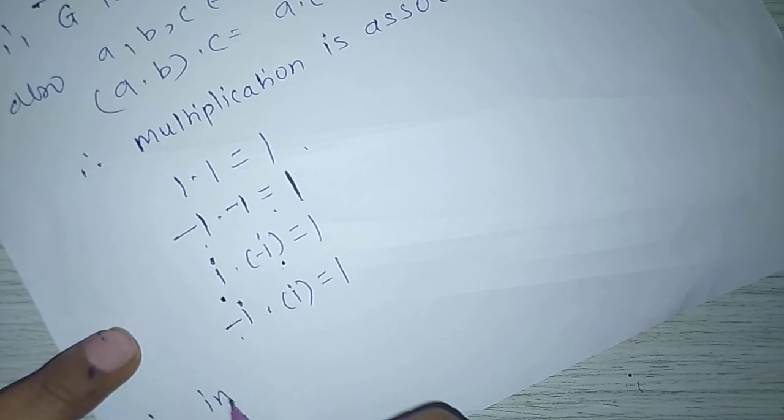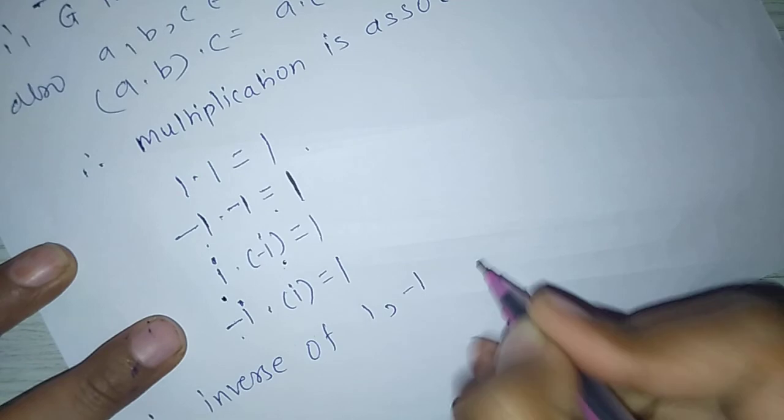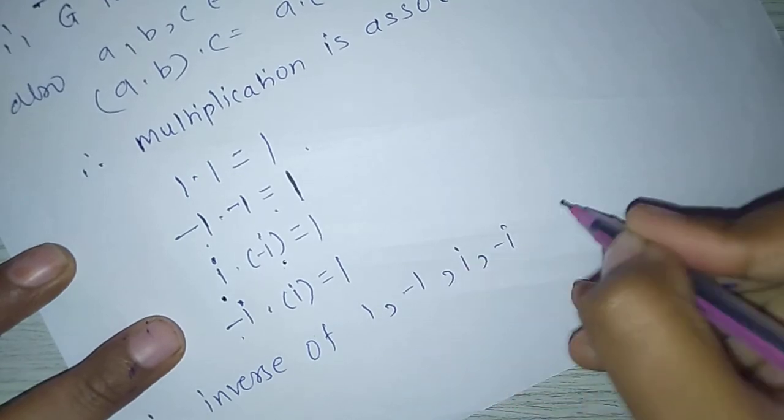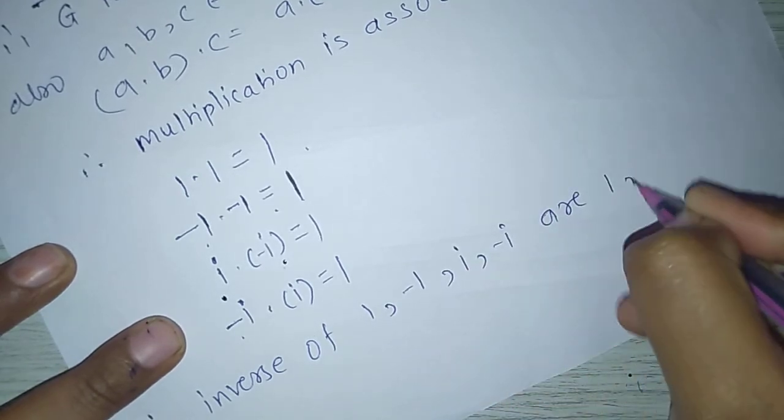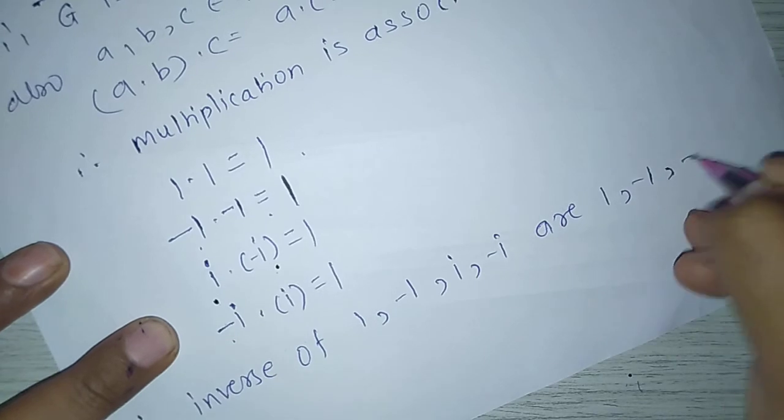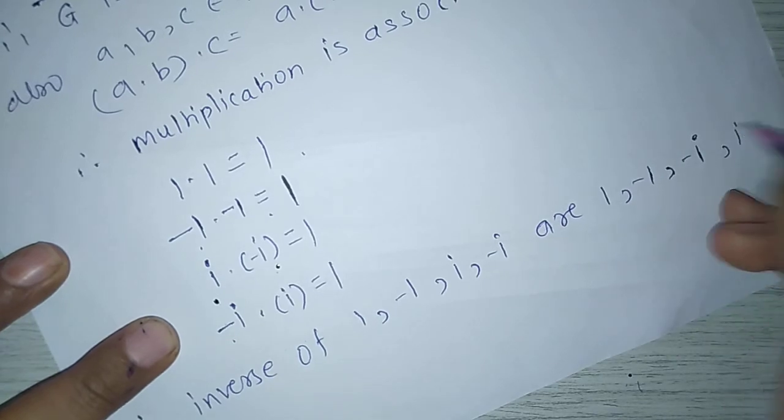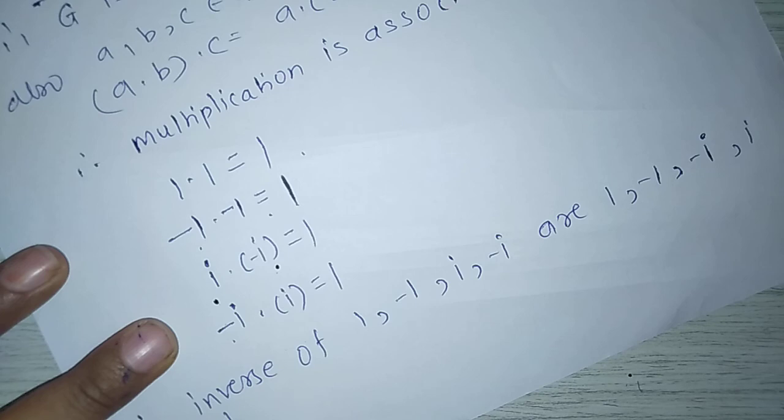Therefore the inverses of 1, minus 1, i, minus i are 1, minus 1, minus i, i respectively.